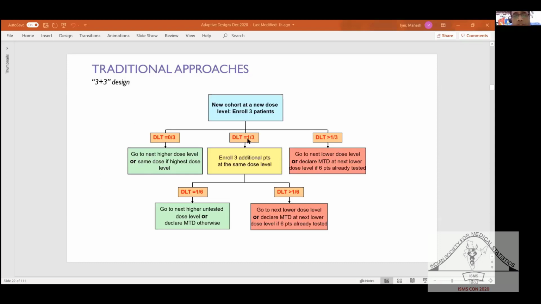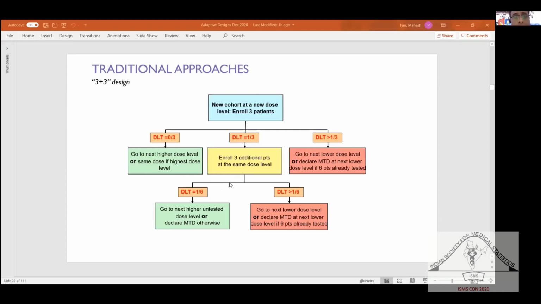Now, supposing out of those 3 patients, one of them has this dose limiting toxicity. So what would you do? You actually add 3 more patients at the same dose level, so at 10 mg. Out of the new 3 patients, let's say 0 have dose limiting toxicity.